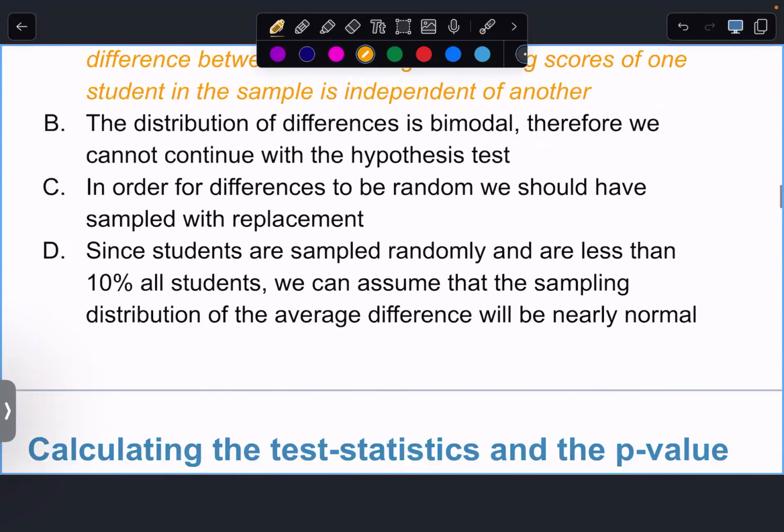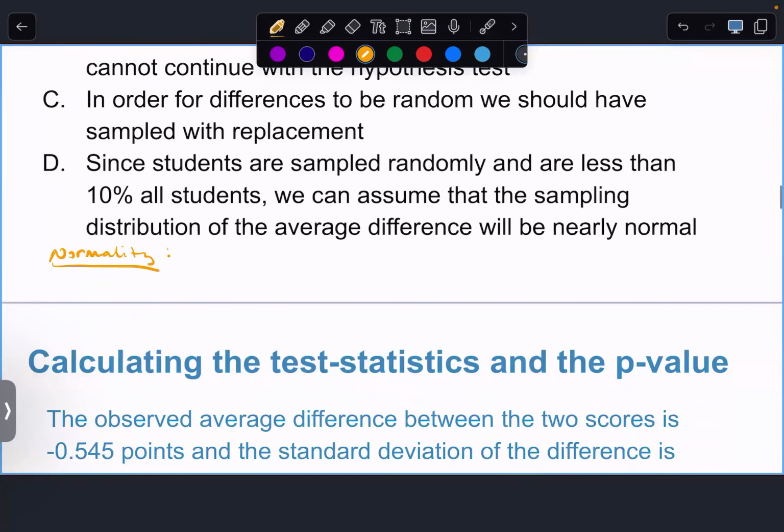I'm going to add the normality condition down here. Since they didn't do it. Since n is equal to, or maybe I'll say n diff, is equal to 200, which is more than 30, we can assume normality, right?